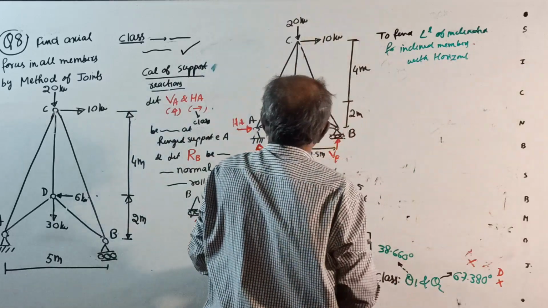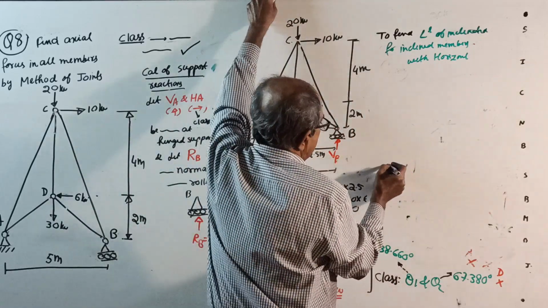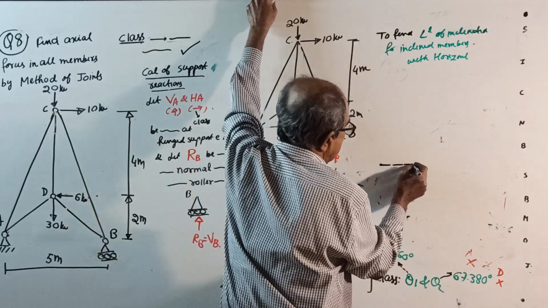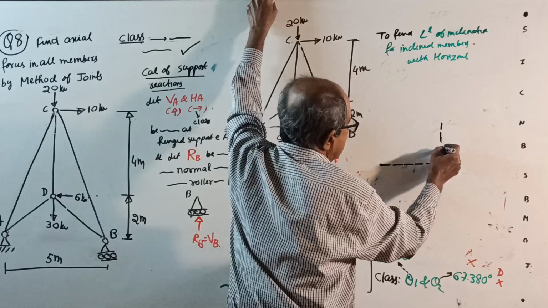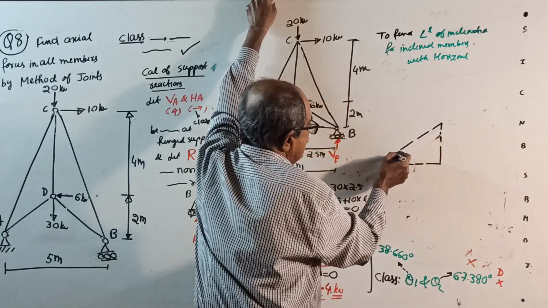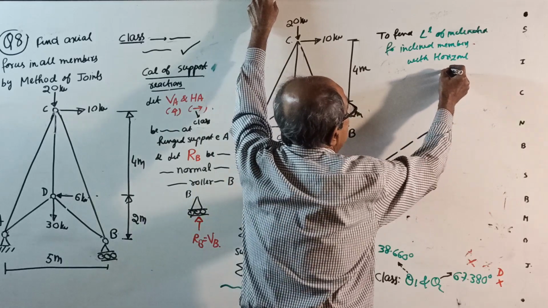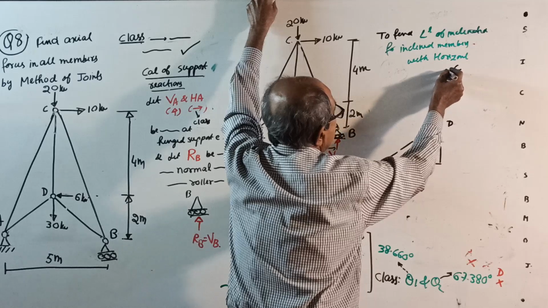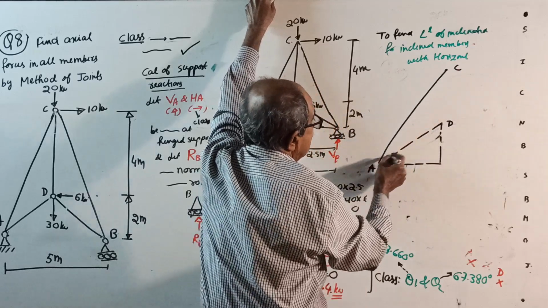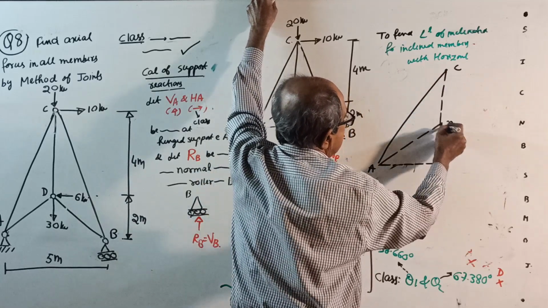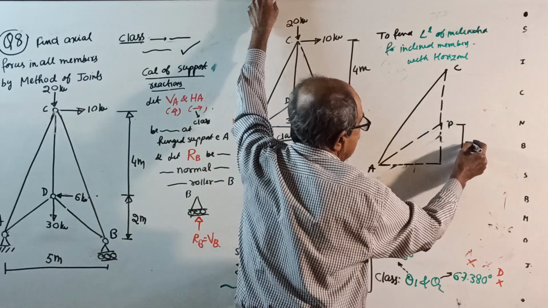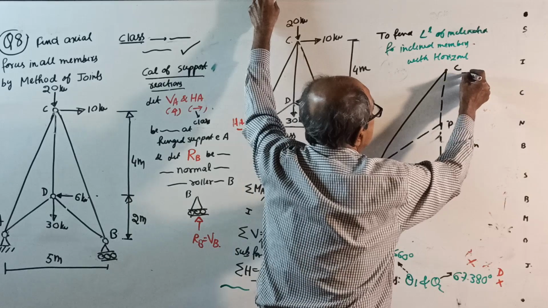With a single sketch you can do it. See here, this is A, this is D, somewhere here is C. Join here. This is 2 meter. This is 4 meter.